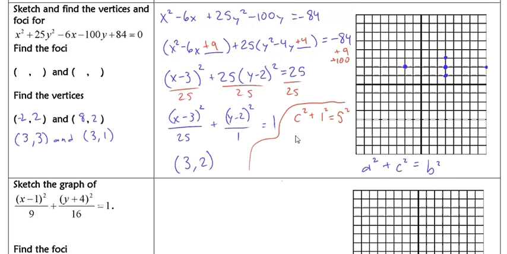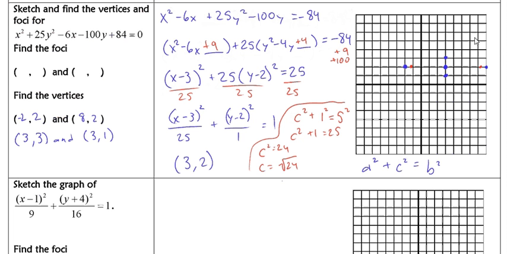So we've got c squared plus 1 equals 25. Subtract 1 from each side. We have c squared equals 24. So c equals the square root of 24, which is almost 5, but not quite. It's more than 4, less than 5. And so our foci are going to be out around here a little bit.